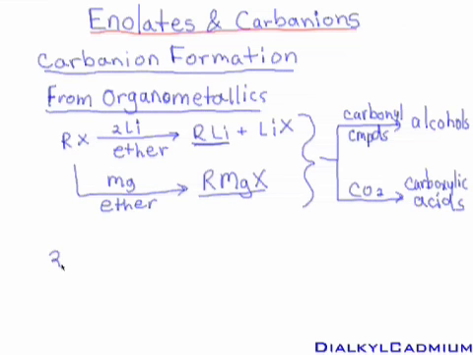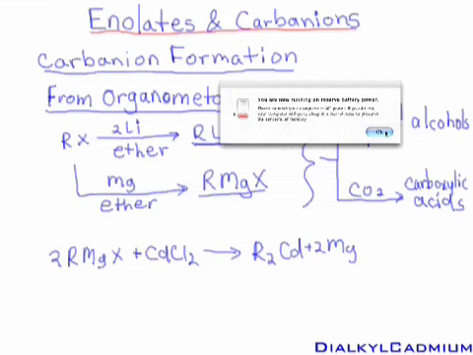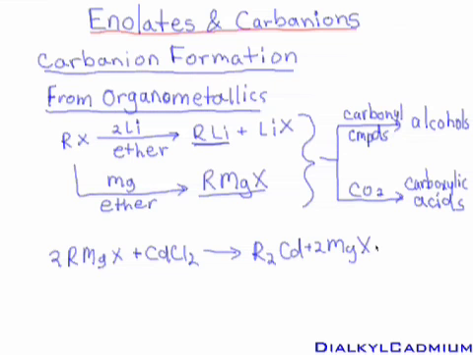For example, if we take two Grignard reagents, RMgX, plus cadmium dichloride, we can make a dialkylcadmium reagent, and we'll get magnesium chloride X. Now note, R must be equal to methyl, primary, or phenyl.